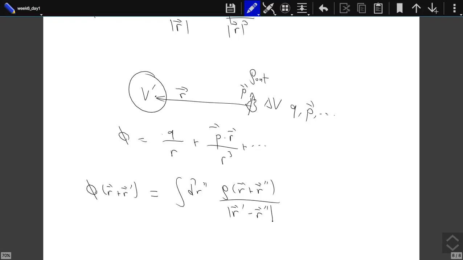Plus, there is also some dipole density: the integral d cubed r double prime of P dot (r prime minus r double prime), divided by the magnitude of r prime minus r double prime cubed.